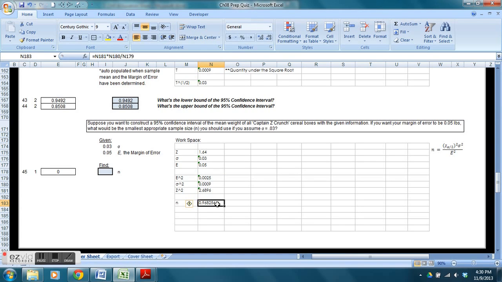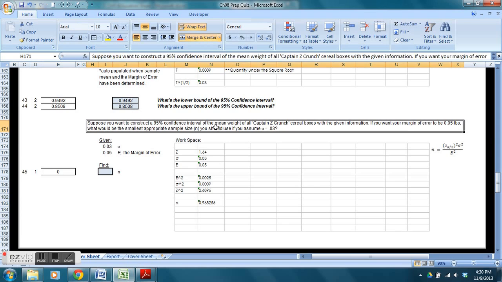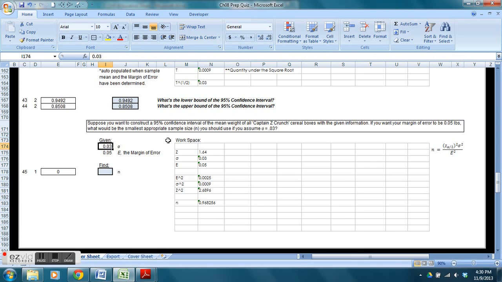This is obviously not a really good problem, so I am going to change this. Bear with me. Let's say we change this to 0.005.